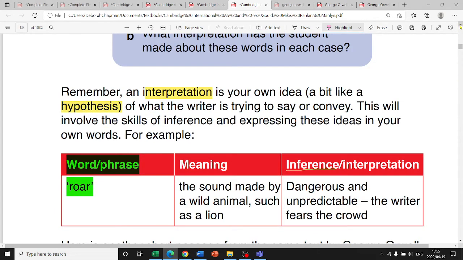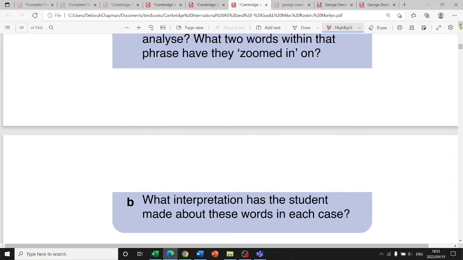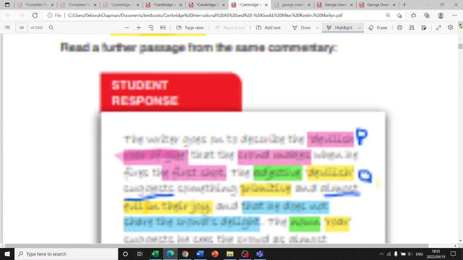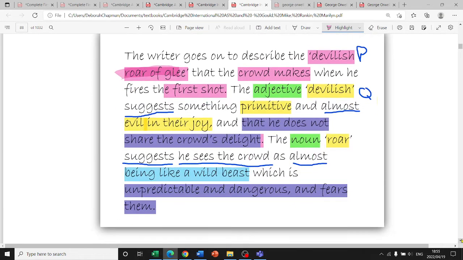So we discussed the interpretation that the student made about each of these words. Remember those interpretations that the student made in the new color that I invented, Libli? I think Libli is better than purple.